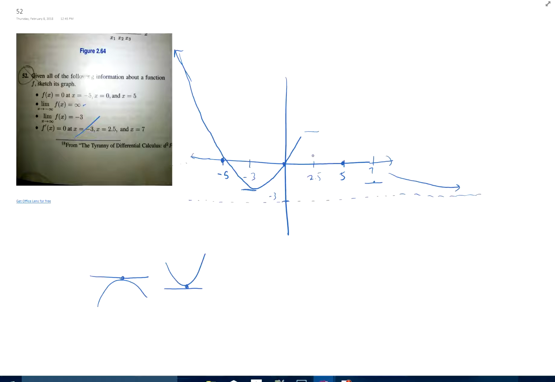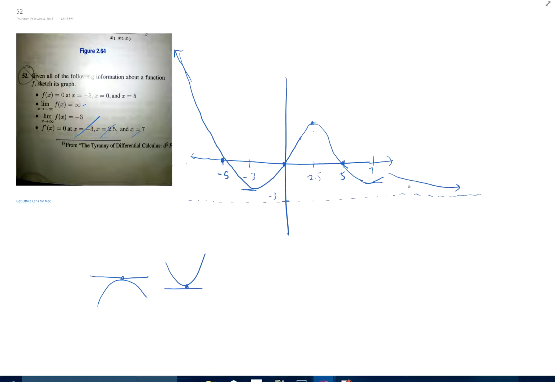At 2.5, there's a horizontal tangent, so it's going to come up and hit a flat spot there. And then somehow it's got to get back to the 0 at 5, so it's going to come down here. And there's a horizontal tangent at 7, right? So it's going to come up here like that.